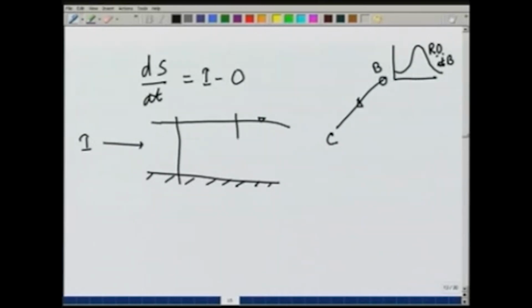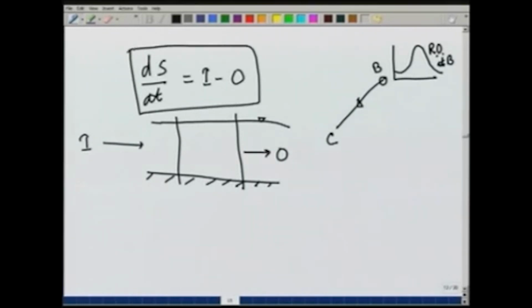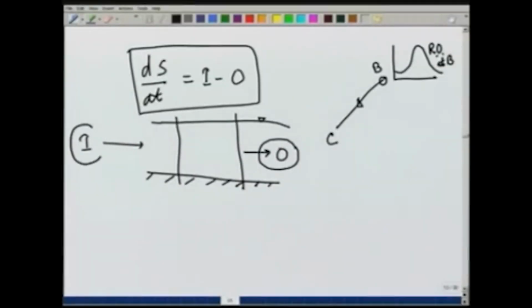If we consider a section like this, there will be some outflow, and the continuity equation tells us that dS by dt would be equal to I minus O. So, when we are routing the flow through the channel, what we need is the outflow for any given inflow.